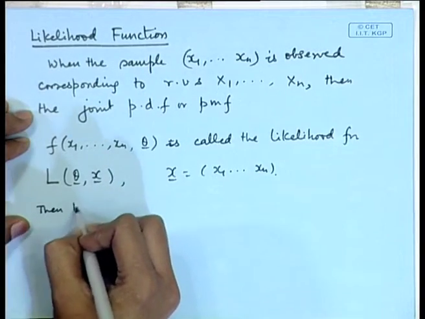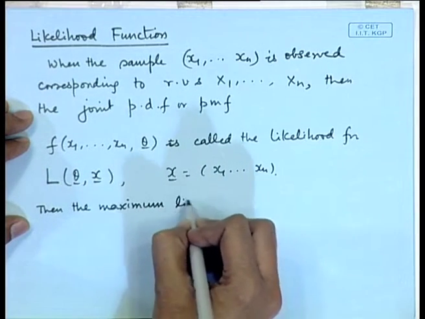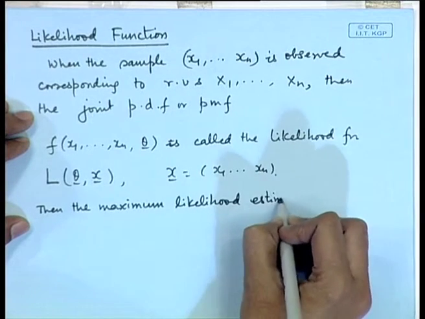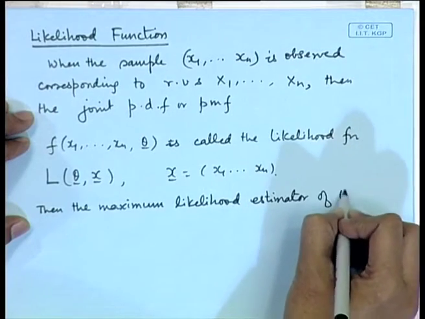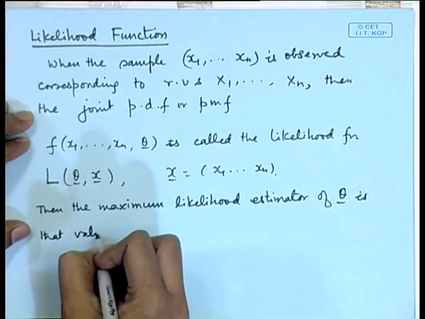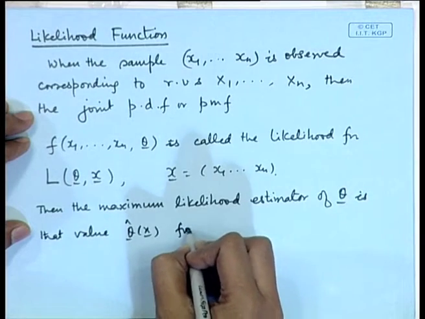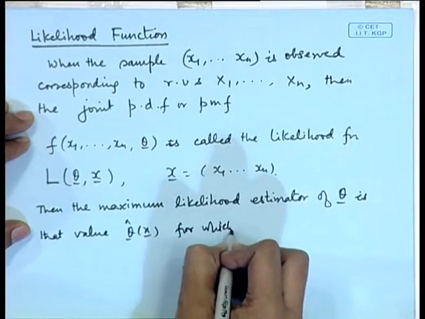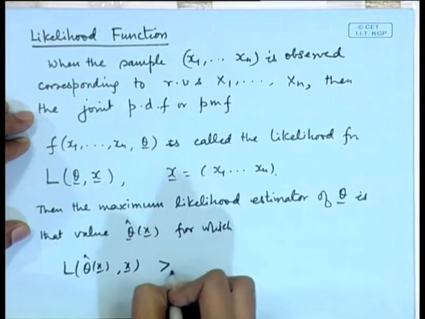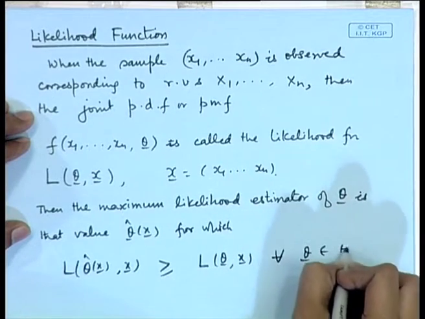Then the maximum likelihood estimator of theta is that value theta hat(x) for which L(theta hat; x) is greater than or equal to L(theta; x) for all theta belonging to the parameter space.